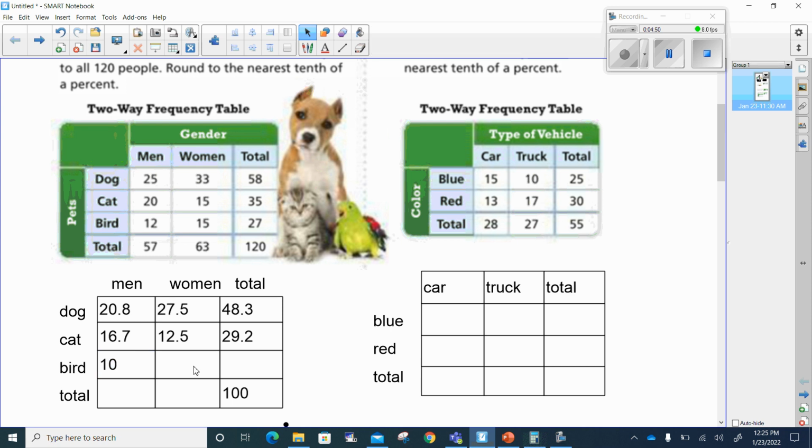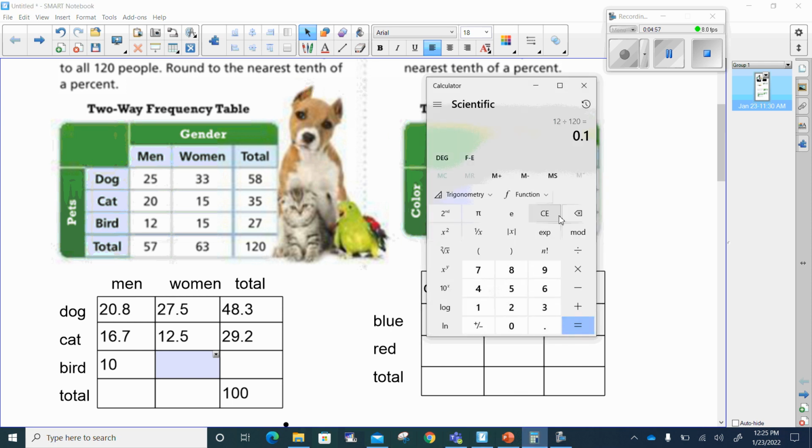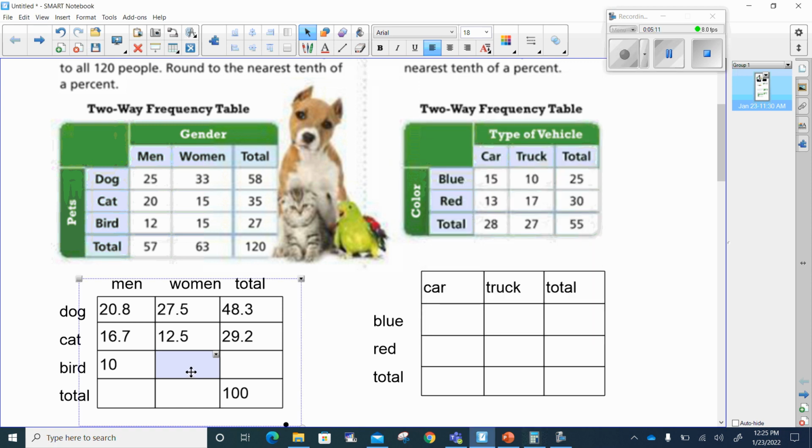Next, the number of women who have birds. So this would be 15 divided by 120. That equals 12.5. And next one will be 27 divided by 120.